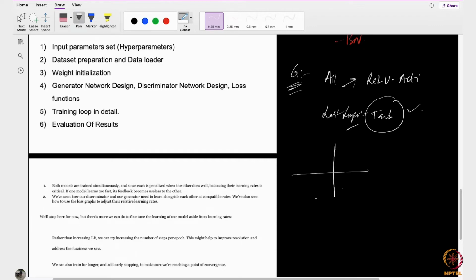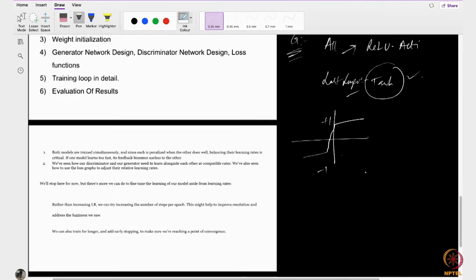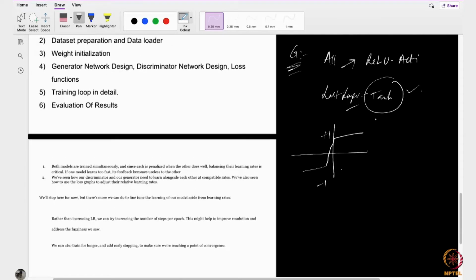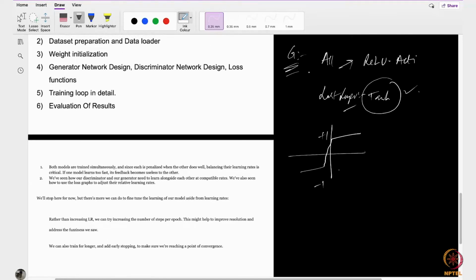The usual range of this tanh activation function is -1 to +1. That means at the last layer of the generator output, all the pixel values will be between -1 and +1, more or less like normalized images.